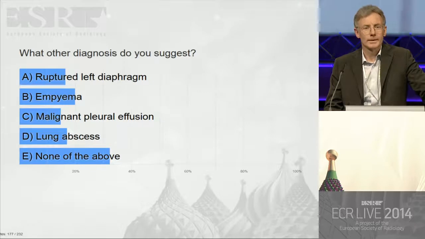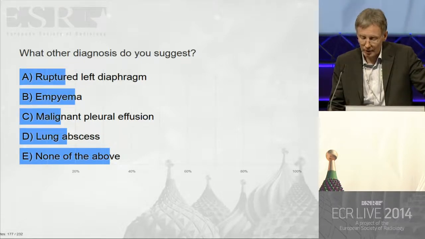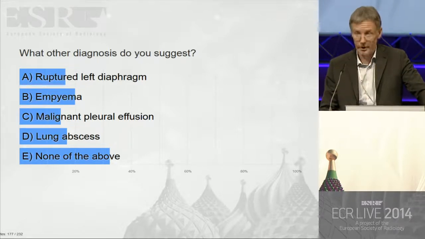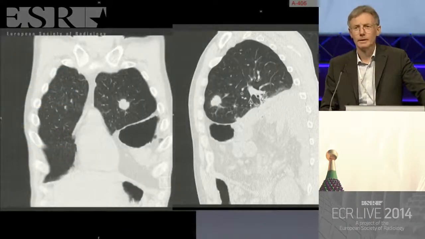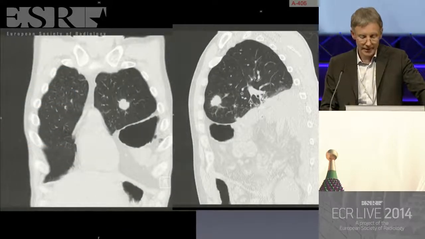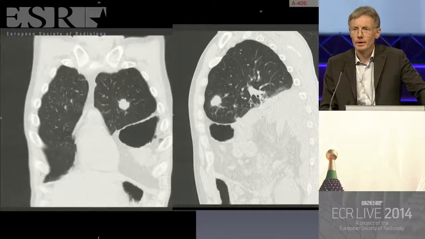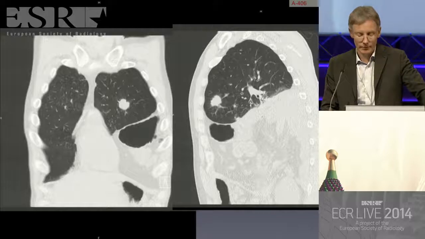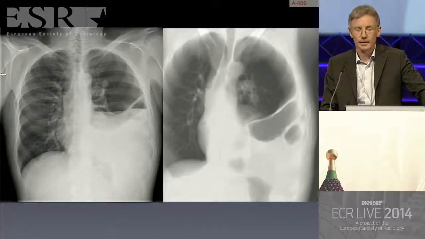Of course, he organized a CT scan, not because of the clinical history, but because of the nodule in the left upper lobe, which was the correct way to proceed. And on the CT scan, the nodule is confirmed, and the explanation for what was thought to be a possible empyema because of those multiple fluid levels was in fact as follows.